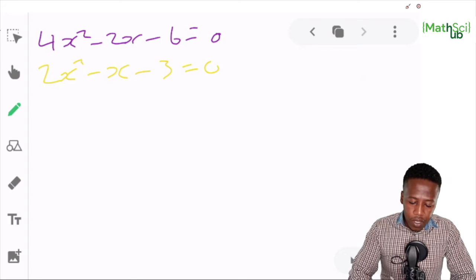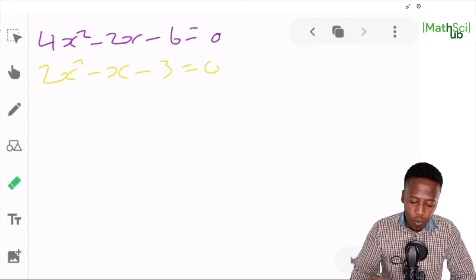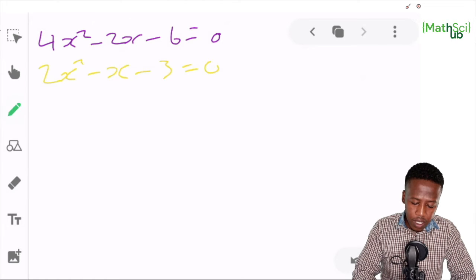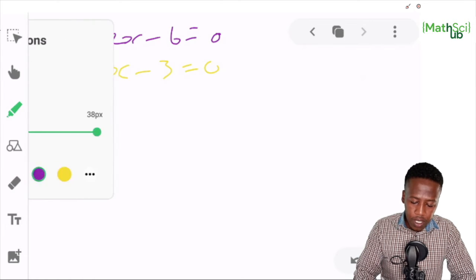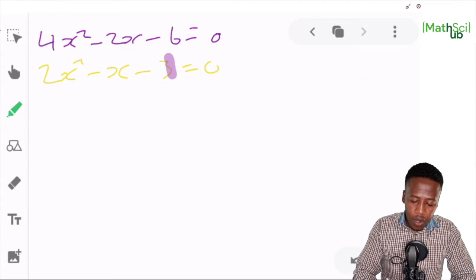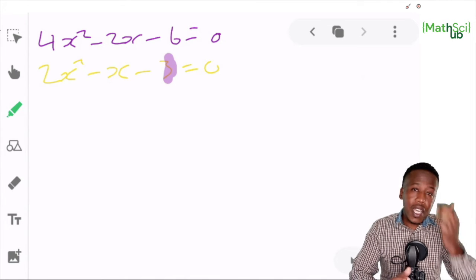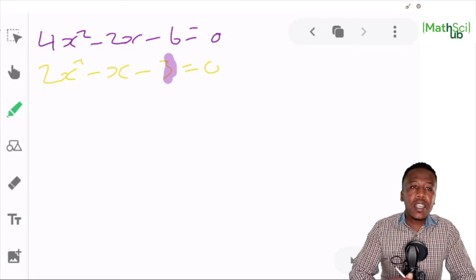Now what I normally do when I try to get the factors is try to get the factors of 3, meaning which numbers, if I multiply them, I get 3.